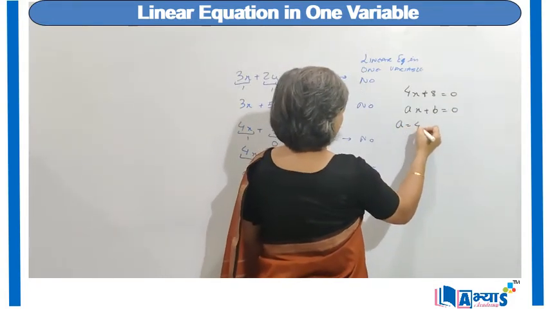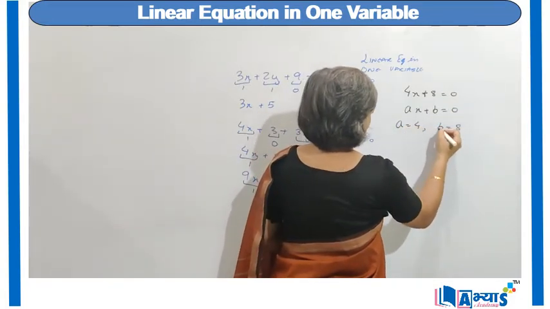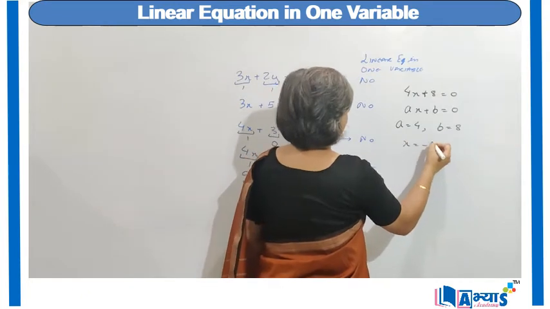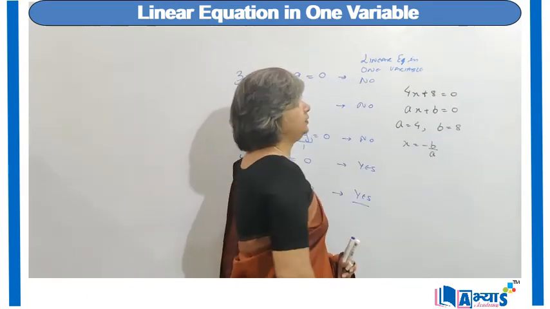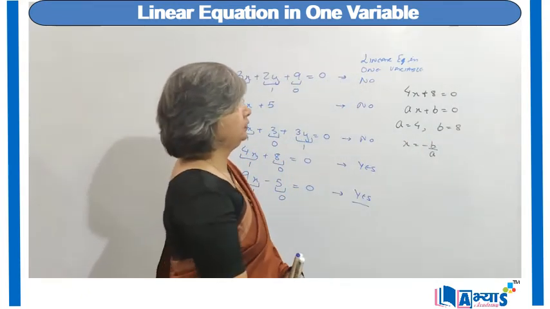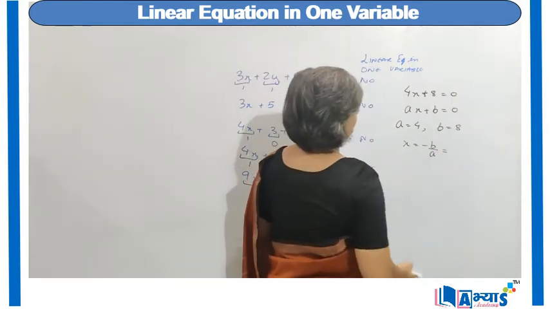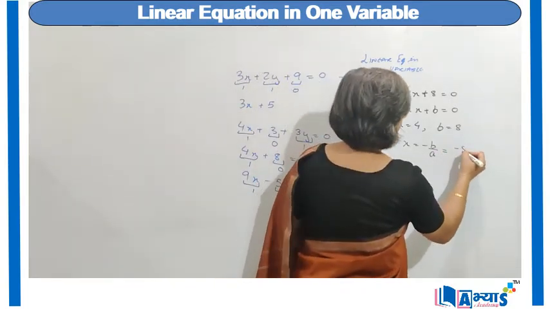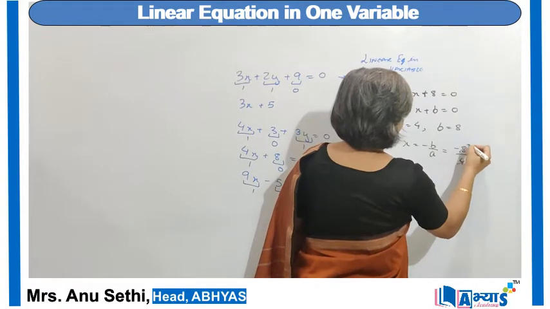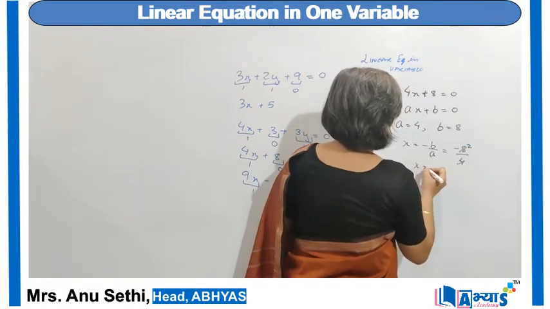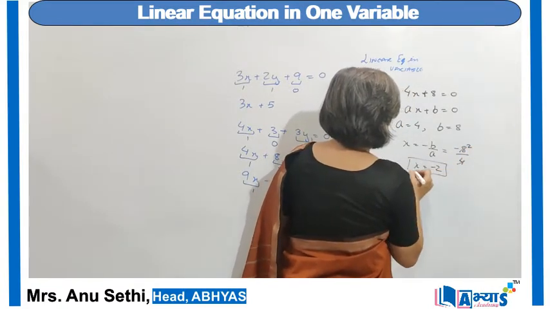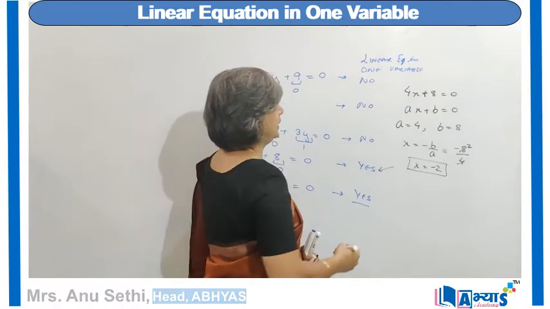Here a is 4 and b is equal to 8. We know that the solution is x is equal to minus b by a. Substituting the values of a and b, it will be minus 8 by 4, and when it cancels out, x is equal to minus 2 is the solution of the fourth equation.